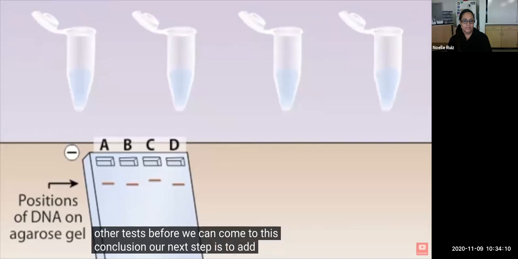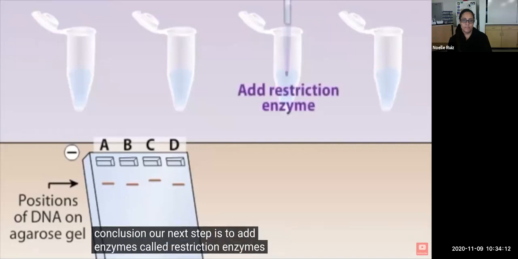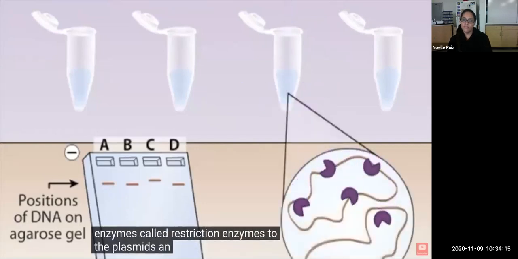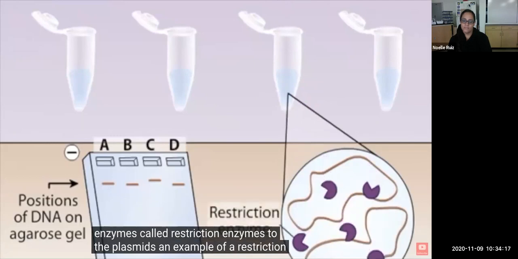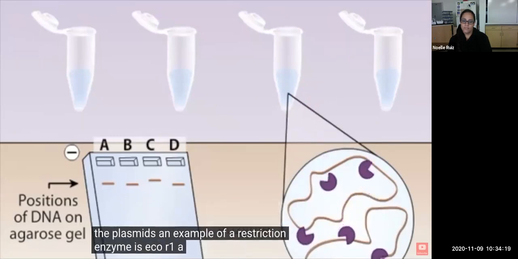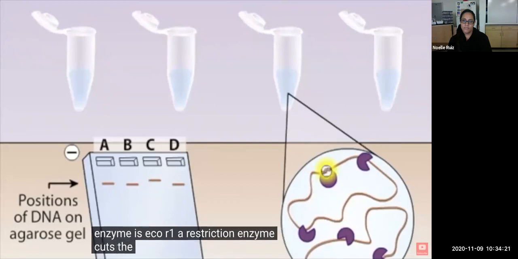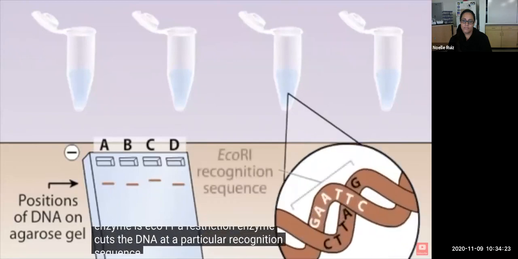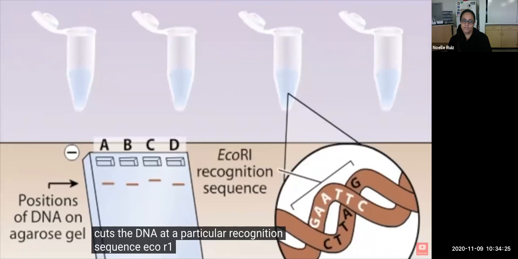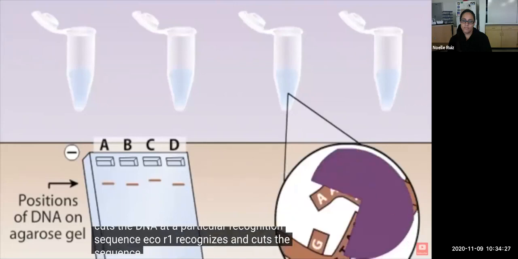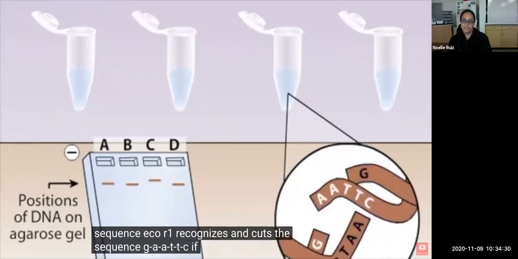Our next step is to add enzymes called restriction enzymes to the plasmids. An example of a restriction enzyme is EcoR1. A restriction enzyme cuts the DNA at a particular recognition sequence. EcoR1 recognizes and cuts the sequence GAATTC.